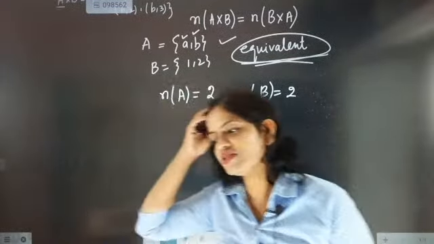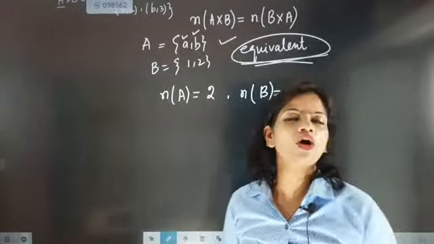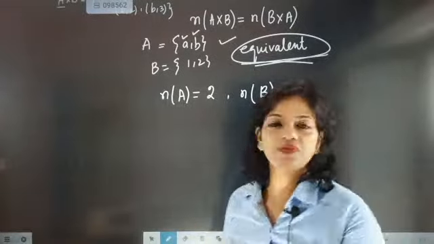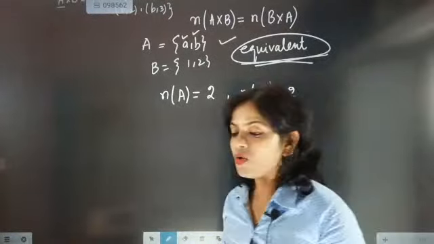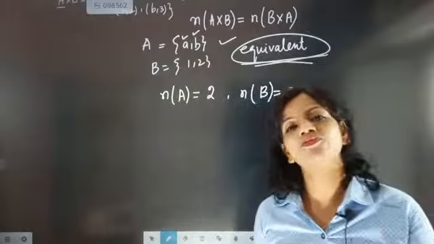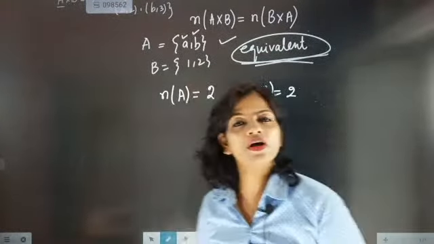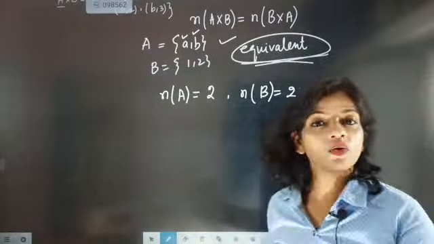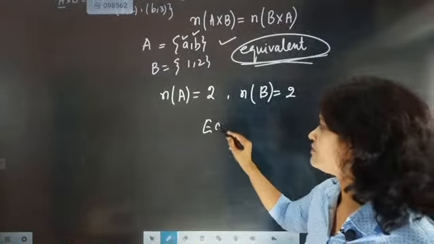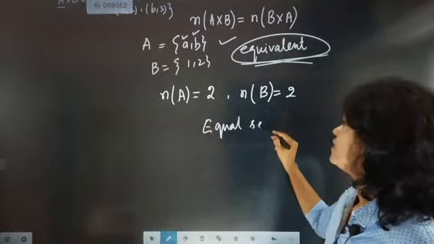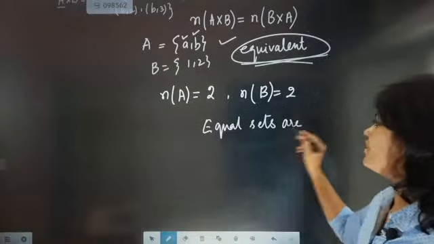Good evening. We just started right now and we are talking about the Cartesian product, and we are discussing how an equivalent set is different from an equal set. Equal sets are always equivalent.